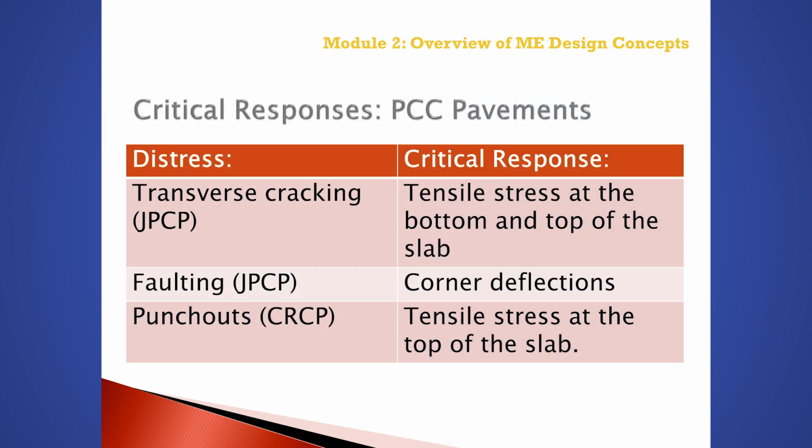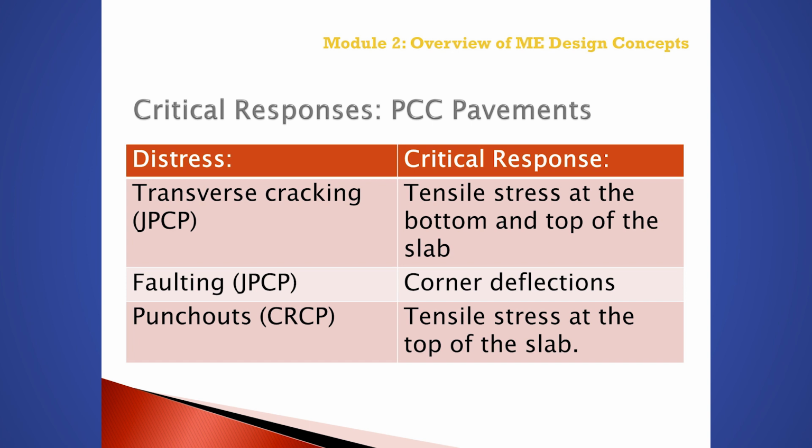In summary, the critical responses used to predict the distress for all types of rigid pavements, JPCP and CRCP, are listed on this screen. Tensile stress at the top and bottom of the Portland cement concrete slab are used to predict transverse or mid-slab cracking of JPCP.